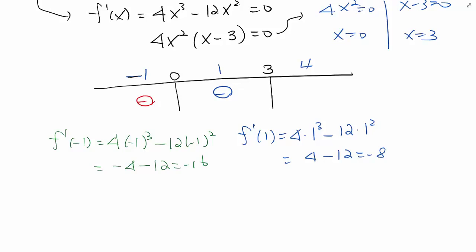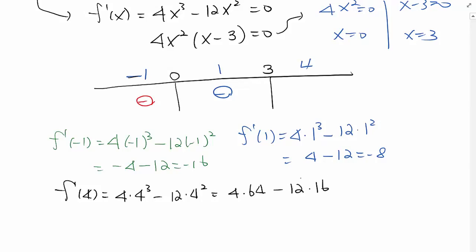Now f prime of 4, which is 4 times 4 cubed minus 12 times 4 squared, which means 4 times 64 minus 12 times 16. So this becomes 256 minus 192, equal to 64, which is positive here.